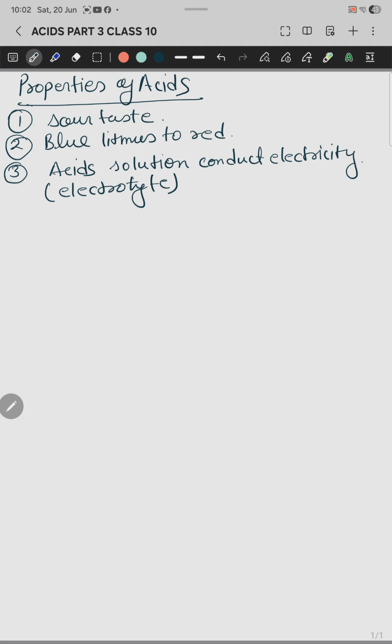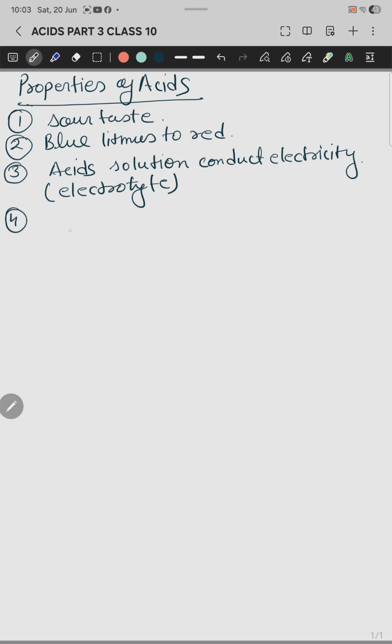So when acid is dissolved in water, we get an acid solution, and the solution of all the acids conducts electricity, that is, acid solutions allow electric current to pass through them. This is the reason that acids have the capability of conducting electricity. Okay, so this is the nature of acid.